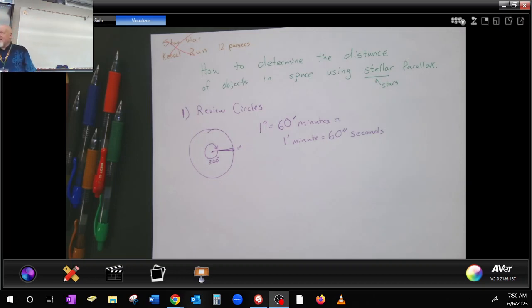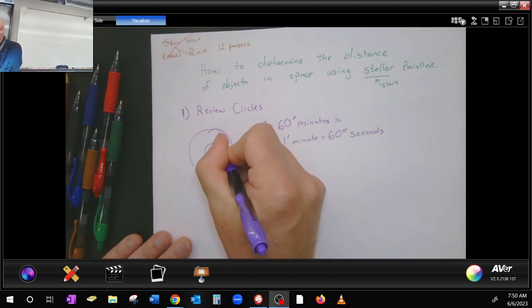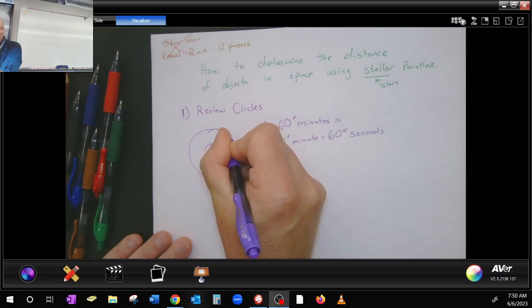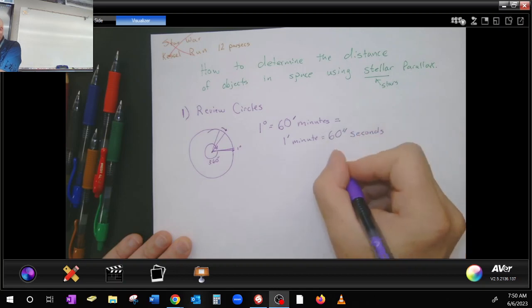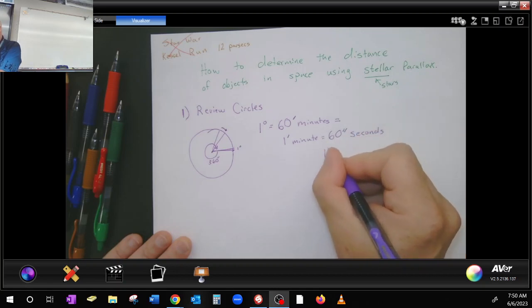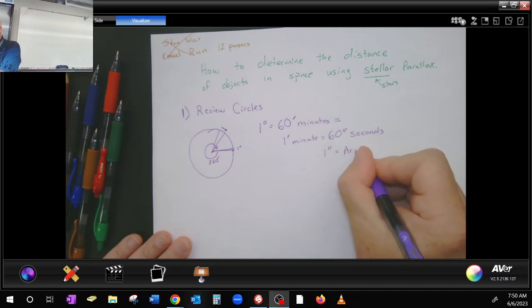An arc is just part of a circle. Every time we're talking about a part of a circle, a slice of a circle, we're talking about an arc. So instead of calling these seconds, 1 second would be called 1 arc second.